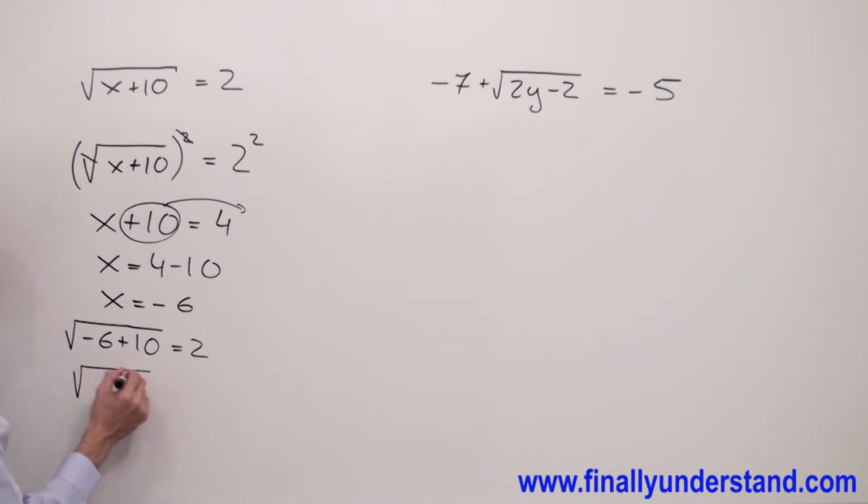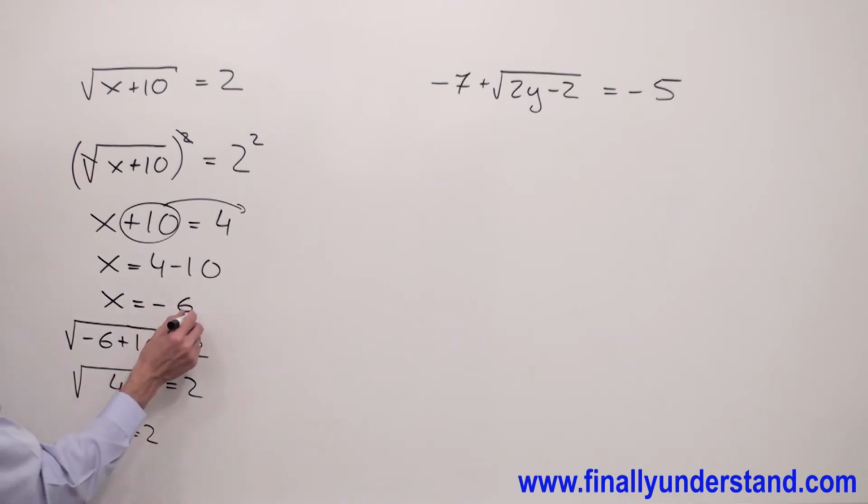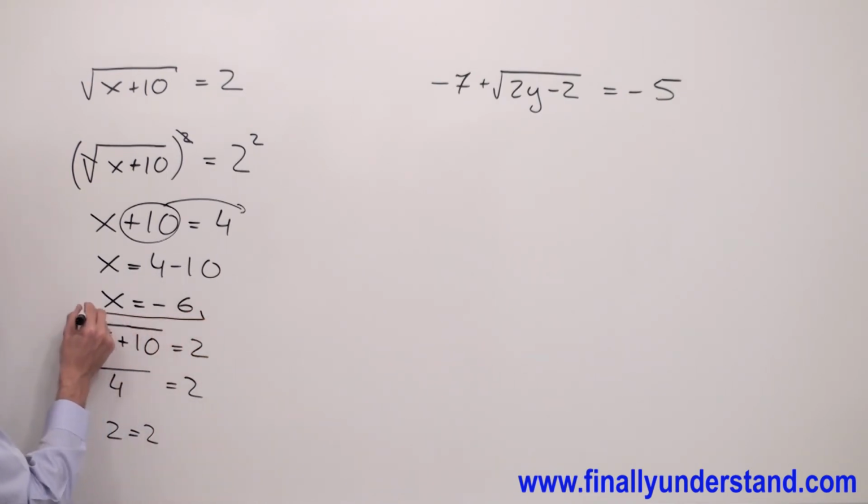Square root of negative 6 plus 10 is equal to square root of 4. Square root of 4 is equal to 2. Left side is equal to the right side. That's why x equals negative 6 is the solution to my problem.